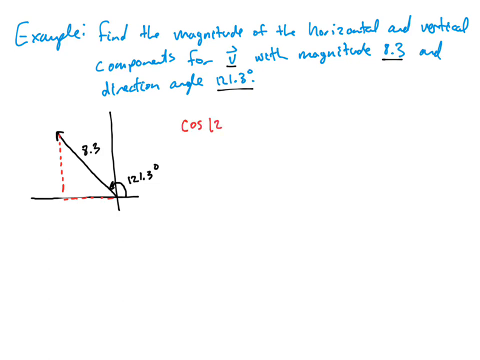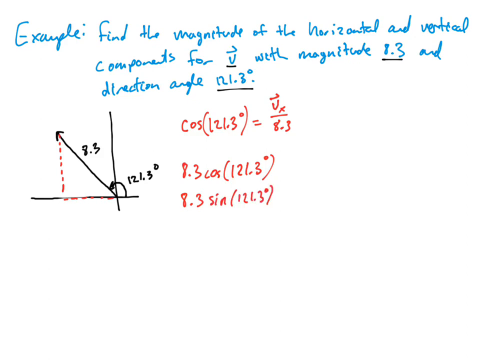So cosine of 121.3 degrees is equal to the adjacent side, which I can call v sub x, divided by 8.3. So 8.3 cosine of 121.3 degrees. And then I'm going to do the same process for the vertical component, but this will just simplify down to 8.3 sine of 121.3 degrees.